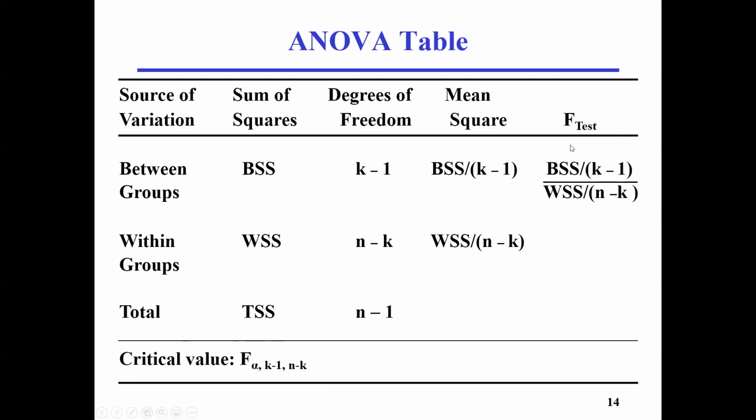So this table is actually very interesting because it is revealing the relationship between different parameters, right? For example, when you have BSS, you have the ratio between BSS and K minus 1. And you also know the value of the F-test. According to the relationship between mean square between groups and mean square within groups, you can calculate the ratio between WSS and N minus K because you have the F-test value.